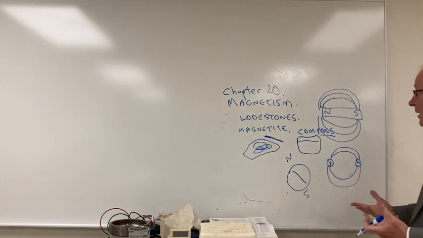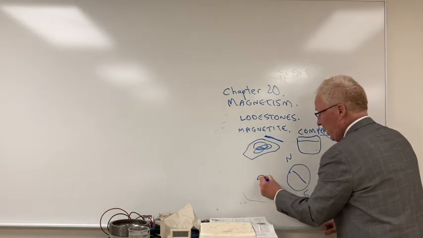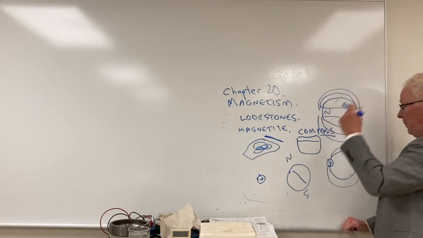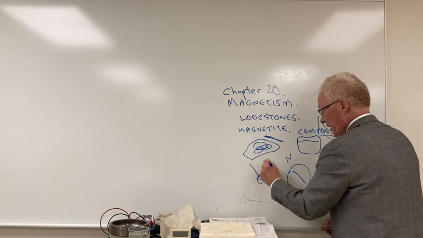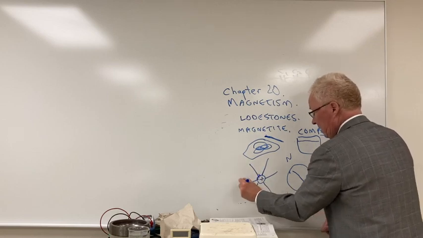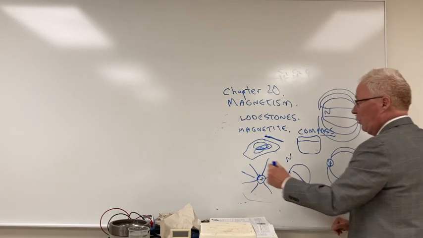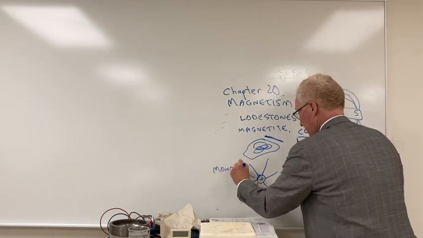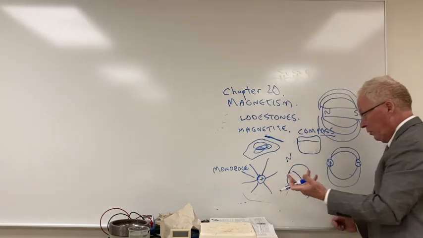However, unlike, say, if you have a positive charge itself, we can never get a compass to have a field like this, right? This is what we would call a monopole, meaning we just have a north pole.